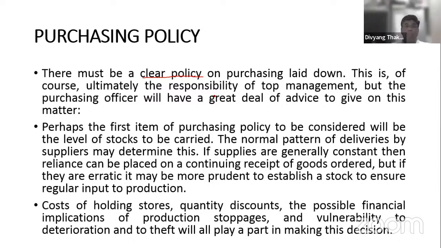If that is your policy, then naturally the supplier should also know by what time they should get the payment. So they should have a very clear policy. Finally, it is the responsibility of the top management, but the purchasing department can make the process clearer to the top management, and accordingly the top management can make the policies.